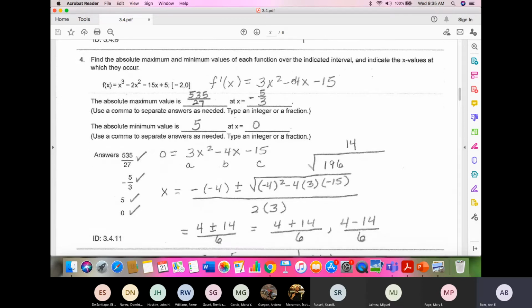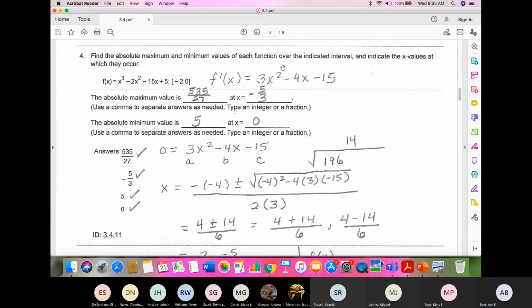So now we need to find our critical numbers. Let me just first say we need to set our first derivative equal to 0 to find the critical numbers. So let's do that first before we get ahead of ourselves.